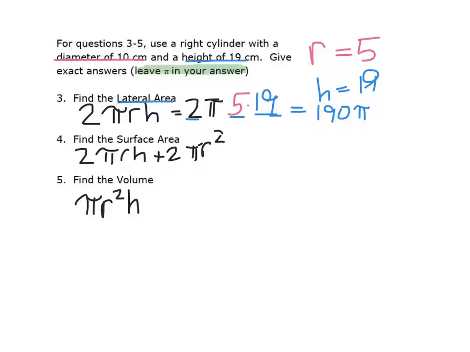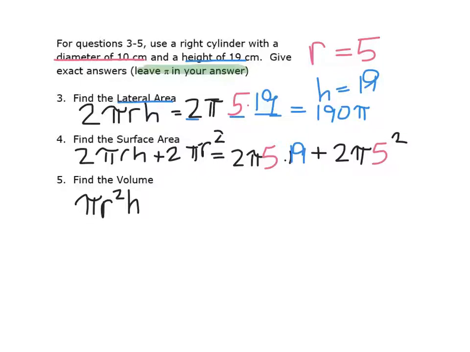Then we're going to go ahead and find the total surface area. So this is going to be 2 pi, the radius we said is 5, the height we know is 19. And this time we're going to go ahead and add it with 2 of the bases. The base is a circle, so that's 2 pi and then we have the radius squared.